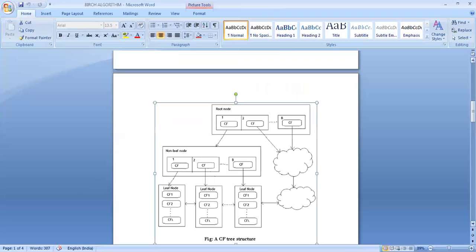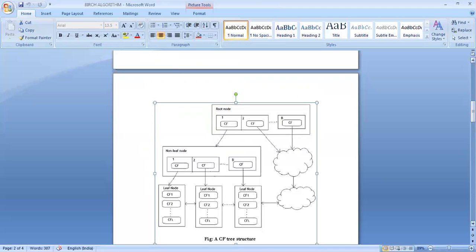I am going to show you through a picture how it looks. Here in this diagram, you can clearly see that the root node and the internal node have at most B entries, as shown in the figure.